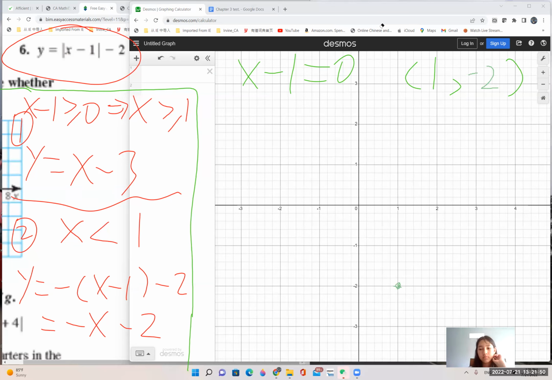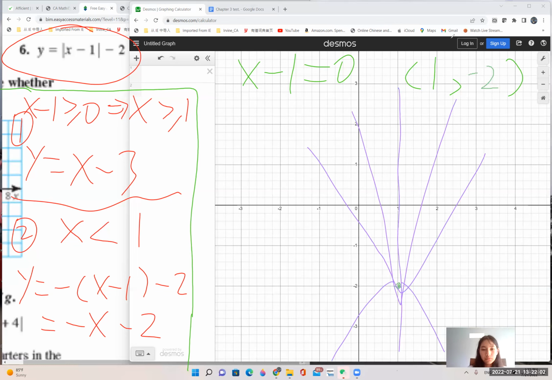That means that our drawing either looks like this, or looks like this. But anyway, this is the axis of symmetry, right?